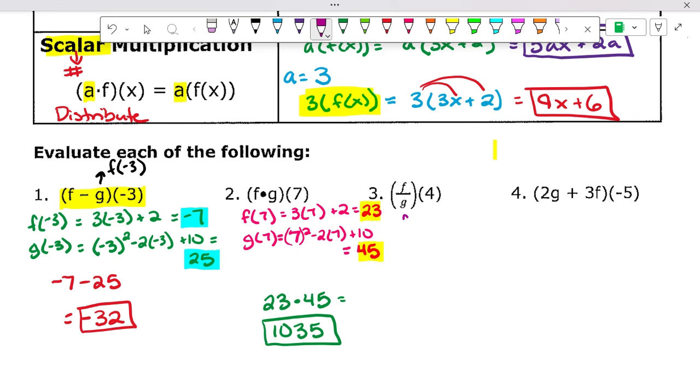All right, so for 3, we're going to do f of 4 and g of 4. Give that one a shot on your own. Simplify it. So try 3 on your own. Do the whole thing. Start by evaluating f of 4 and g of 4, and then whatever numbers you get, you're going to divide them.